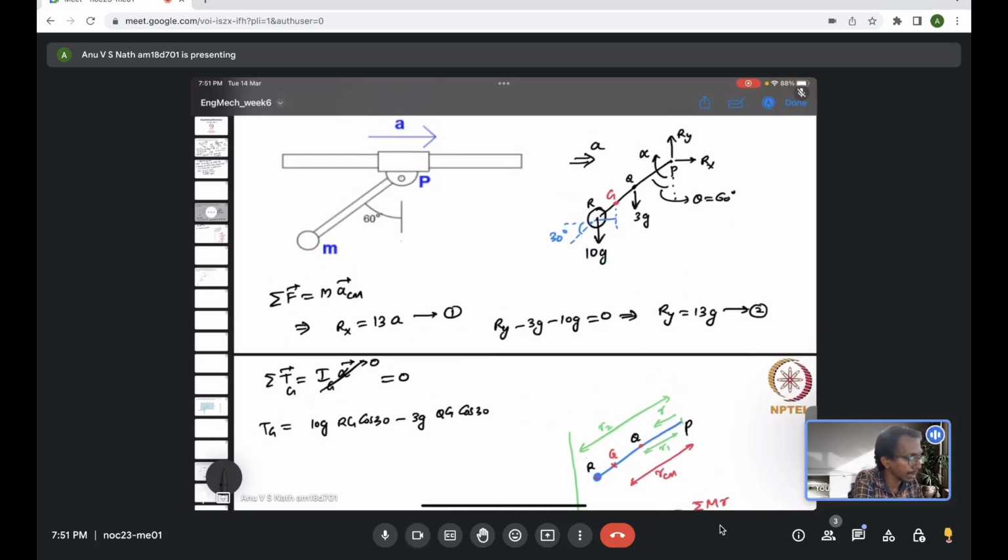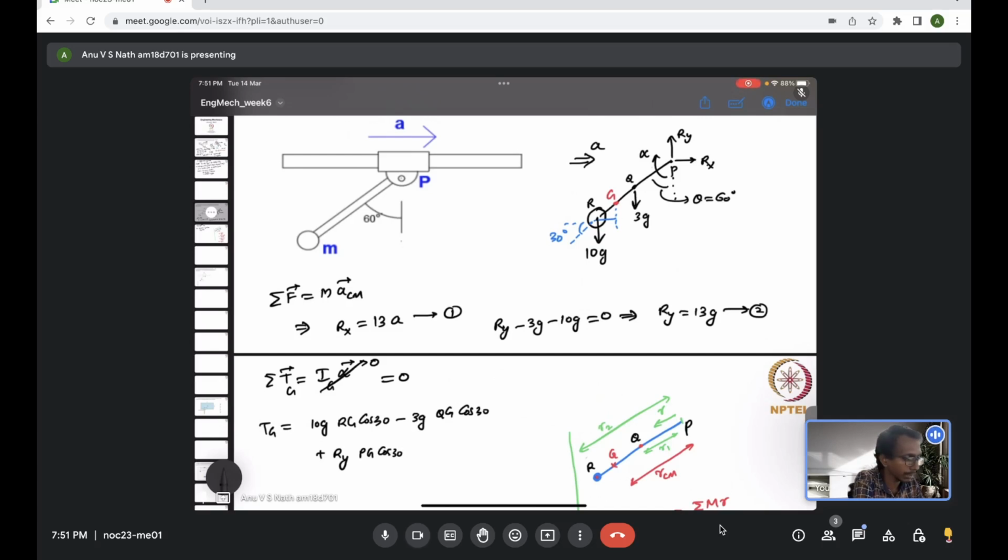Now Ry is creating a counterclockwise moment, so Ry times PG, the length projected in the horizontal direction, cos 30.